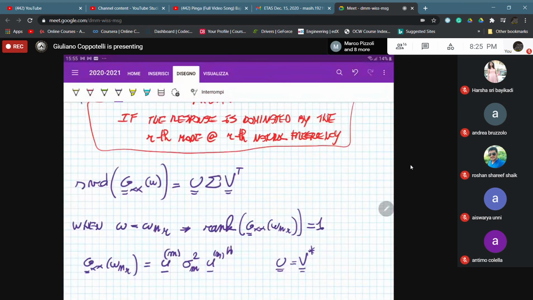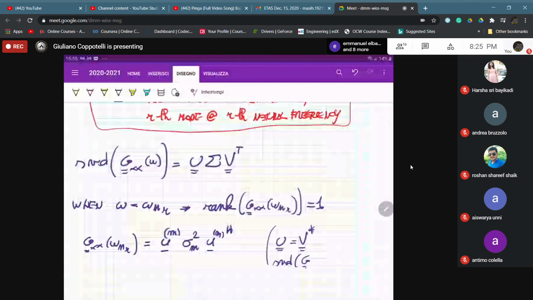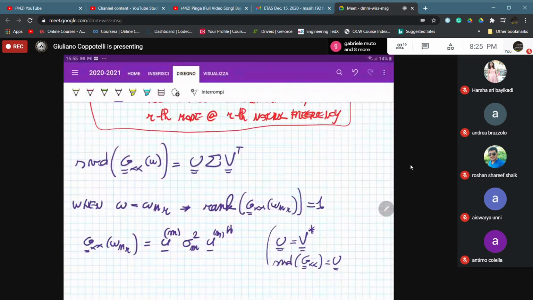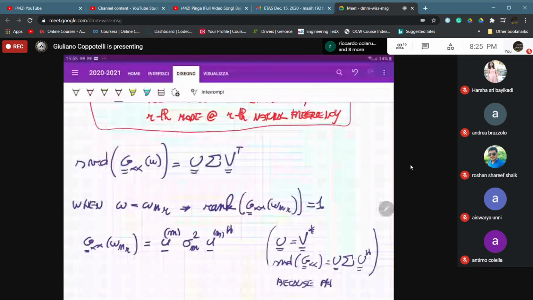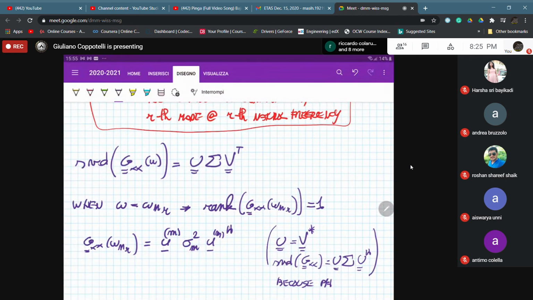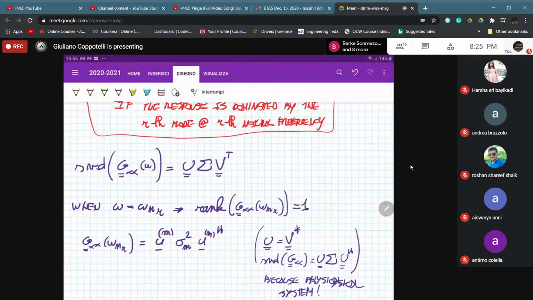And therefore what we are having is the SVD of Gxx is equal to U sigma U Hermitian, because it is a physical system. Okay, so we end up with this other expression.